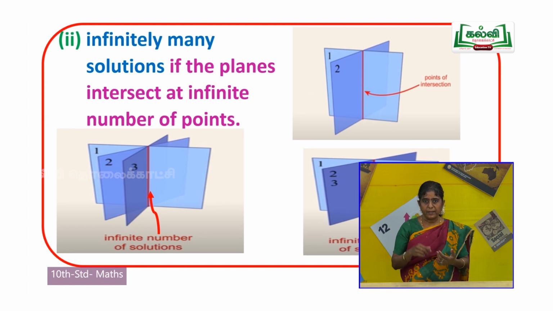Here I showed that plane 2 and plane 3 are one and the same; both lie on the same plane. And the first plane intersects them at a straight line. It means they intersect at infinitely many points. So in this case also, the system of linear equations has infinitely many solutions.